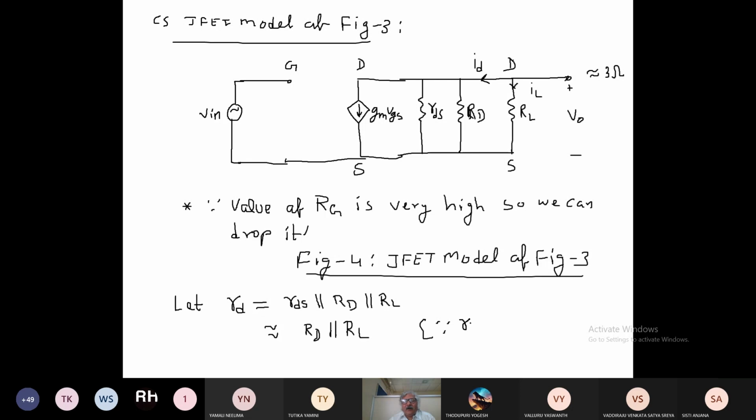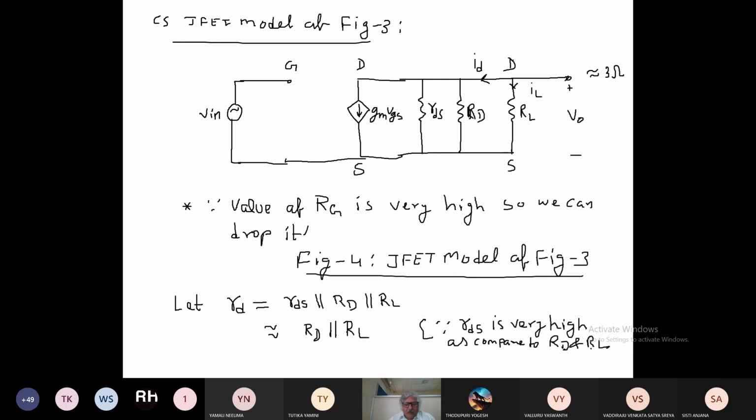Since RDS is very high as compared to RD and RL.